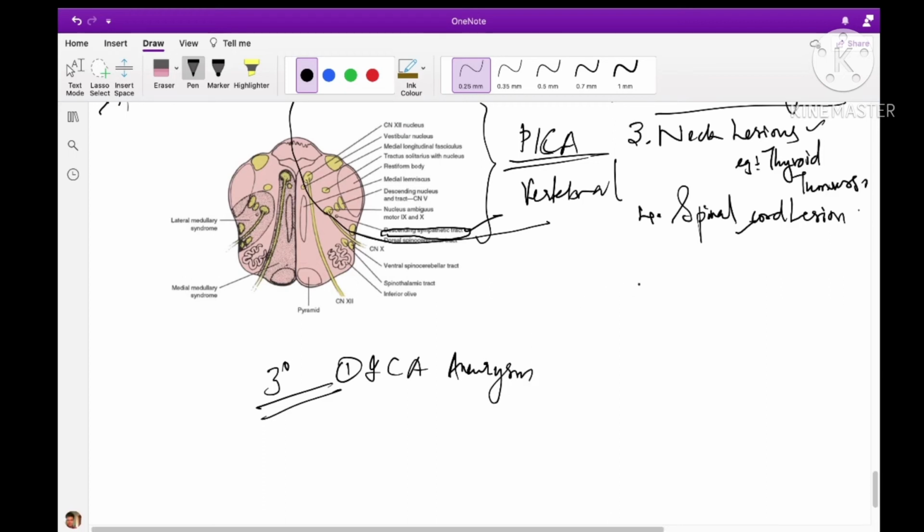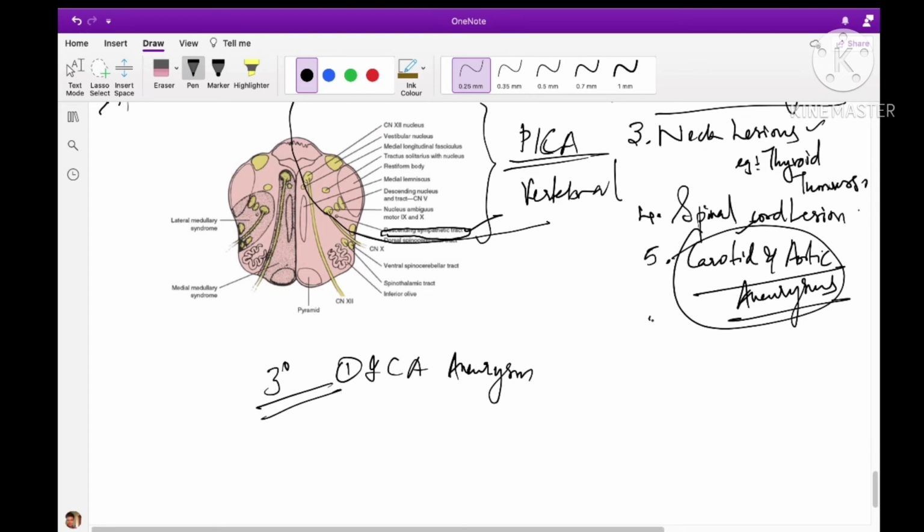In some cavernous, carotid and aortic aneurysms, this can also be involved. So here you have ICA aneurysms. Second one.